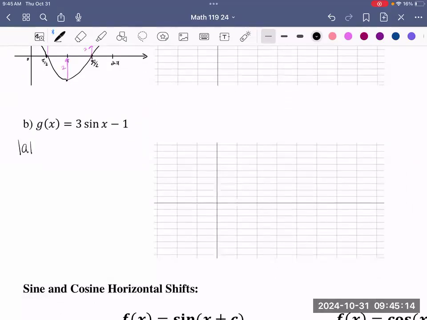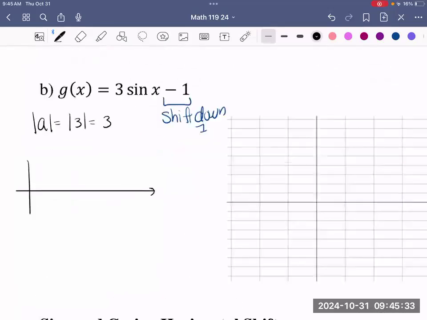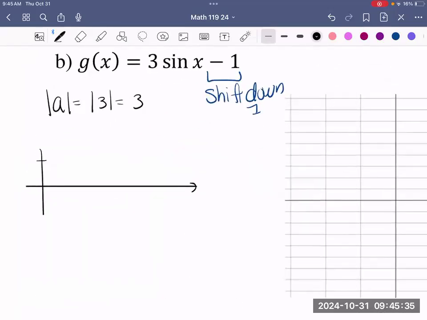Well, your amplitude here is 3. So the height of each wave is 3. We're going to take your sine graph and we'll shift it down by 1. So shift down by 1. So if we have your graph here for sine, we had 1, -1, kind of went around your unit circle here.